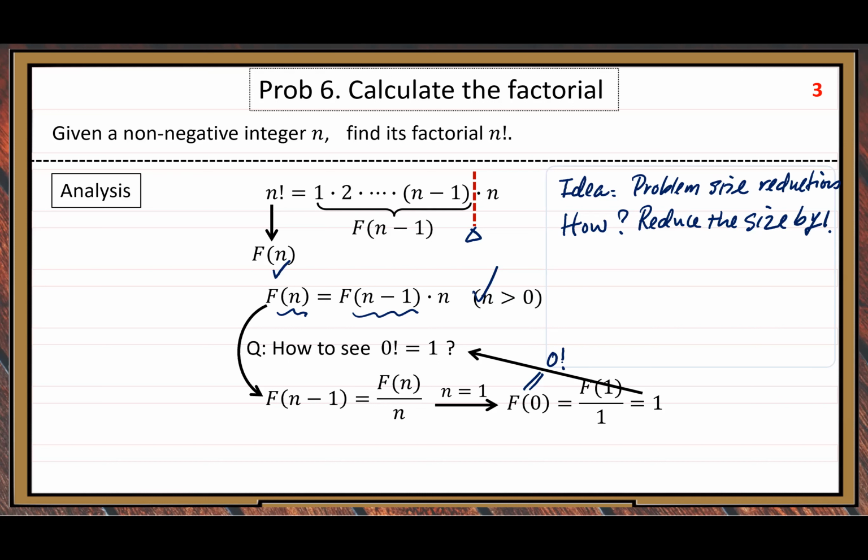This equivalent formula, equivalent to the original recurrence relation, results in 0 factorial equals 1. That's the reason: if we make this assumption, there is no contradiction. It's compatible with our recurrence relation, so we can make this assumption.